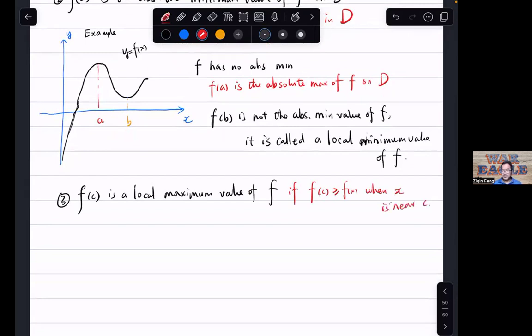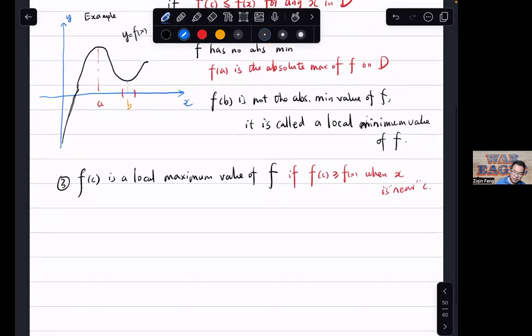Intuitively, just near c, you have a small neighborhood of c. In this small neighborhood, the function value is always less than or equal to f of c, right?